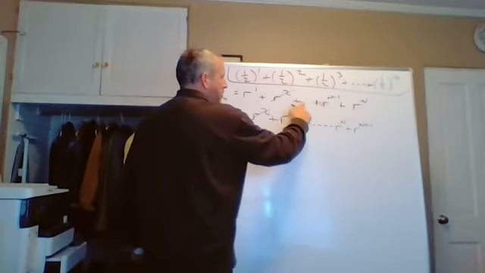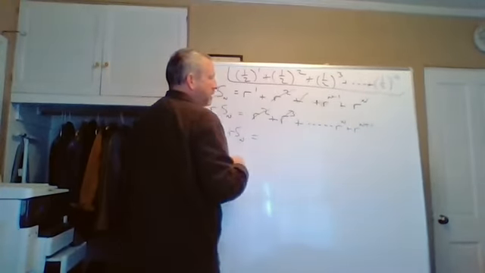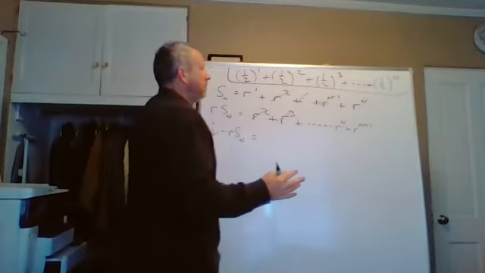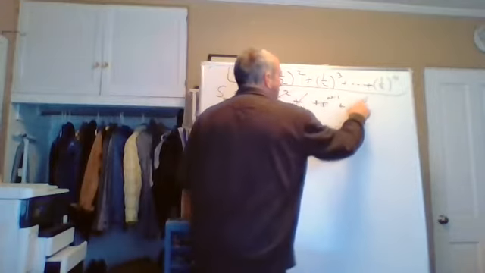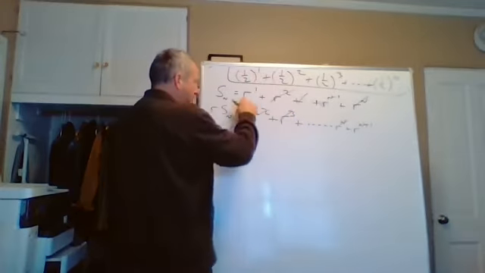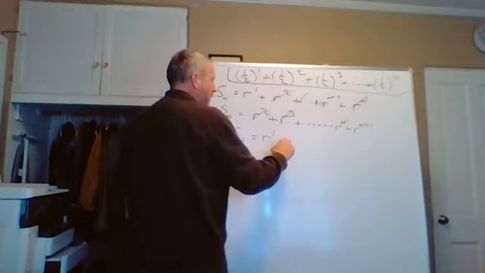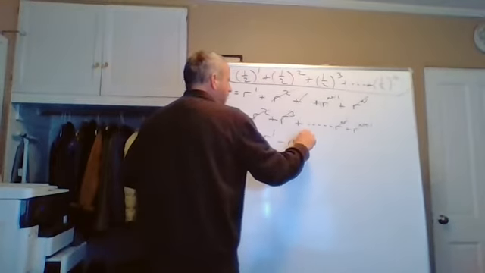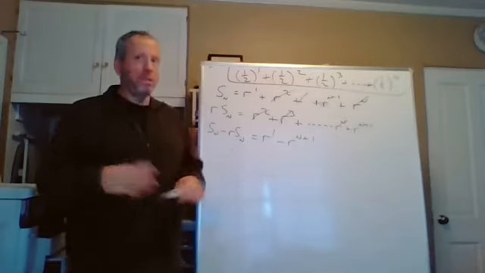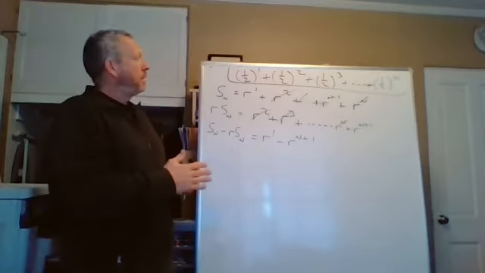And there was an r squared that would cancel with that. We're going to get almost everything to cancel out. In fact, all the way up to that canceling out with that, but this will be left over. So what do we have left? We have r raised to the power of 1 minus r to the n plus 1. Again, what I did there was essentially simple subtraction.